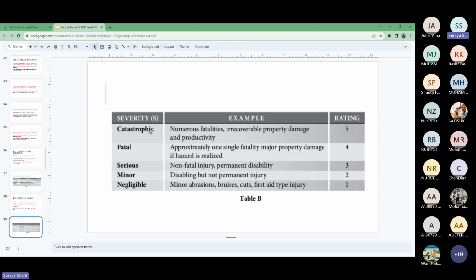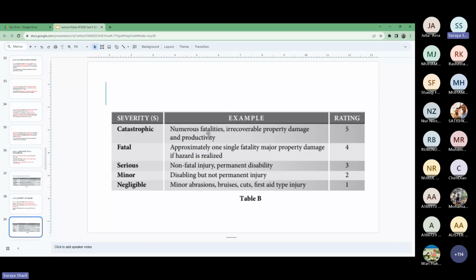Let's say, what is catastrophic? If we can give an example, let's say your company or your working area deals with high voltage power.